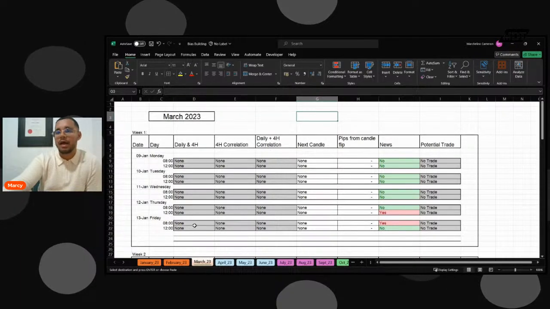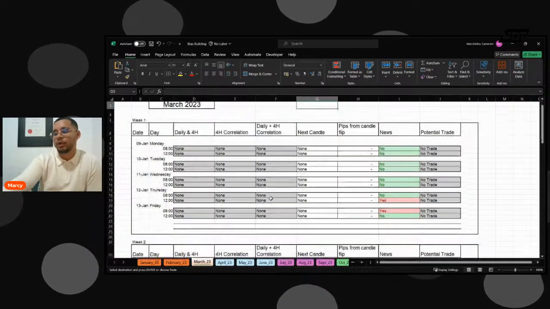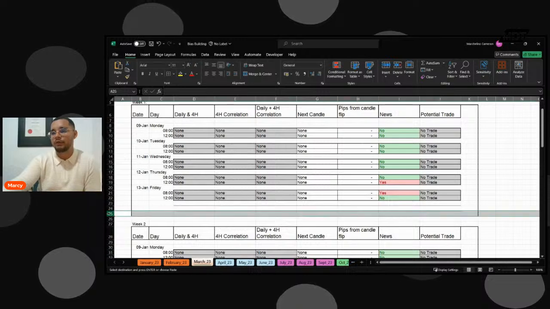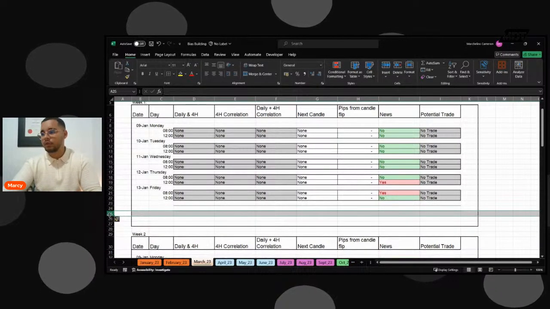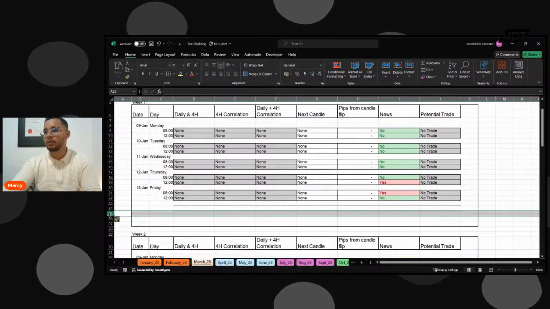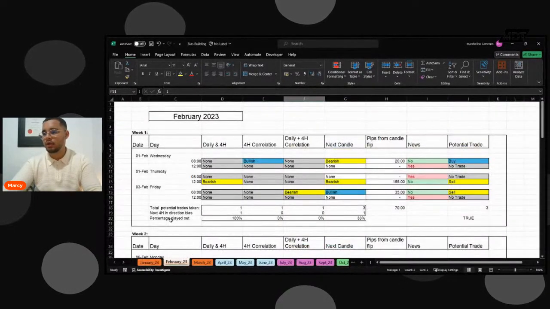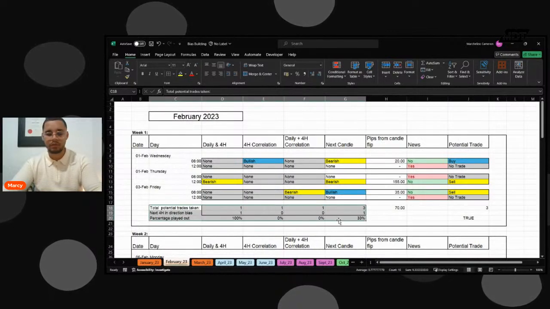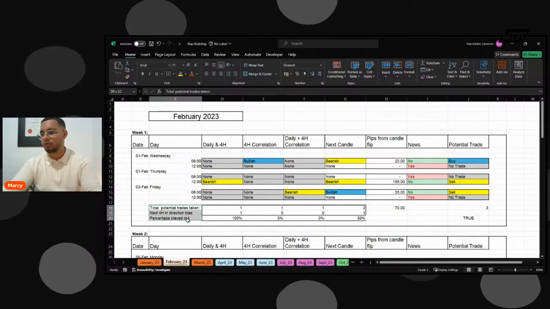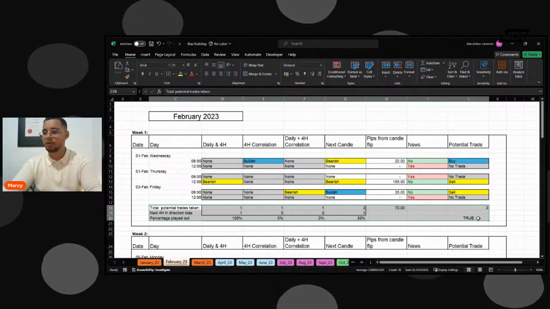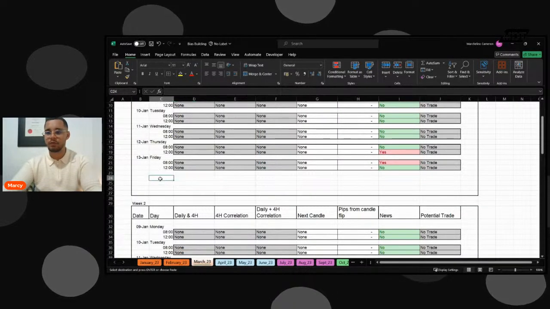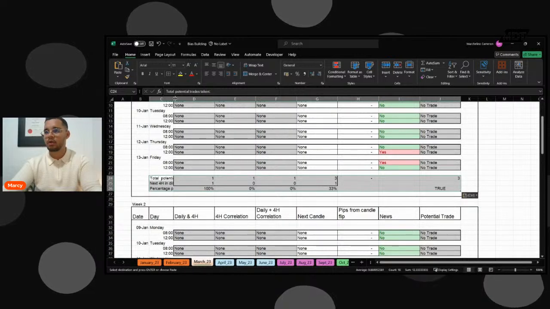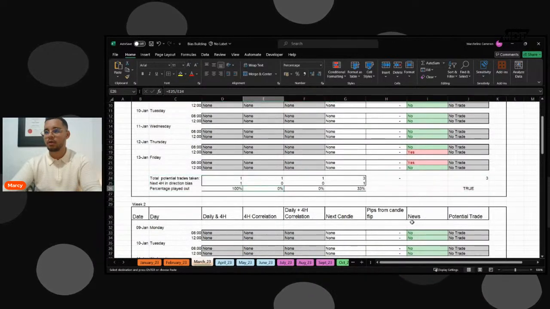So pretty much we're going to be going through March. I just need to take this line off here, and then go to February and copy these things. I should probably copy the whole thing and paste it right there. There we go.